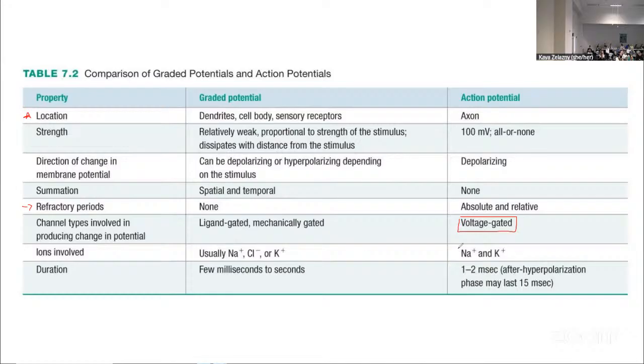Ions we're interested in for our action potentials are sodium and potassium. Graded potentials have some variability, still usually sodium and potassium, maybe some chloride. We've got some options. And the length of time is a little bit different. We have a few milliseconds to seconds for our graded potentials, and specifically 1 to 2 milliseconds for our action potentials.